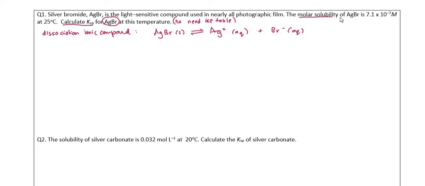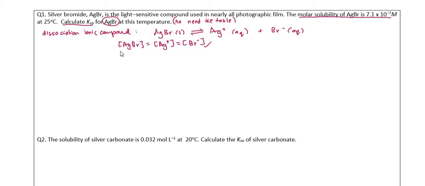Given for us is the molar solubility of AgBr. That means the concentration of AgBr is similar to the concentration of Ag+ and the concentration of Br-. Why similar? Because from this equation all the stoichiometry is 1, 1 and 1.